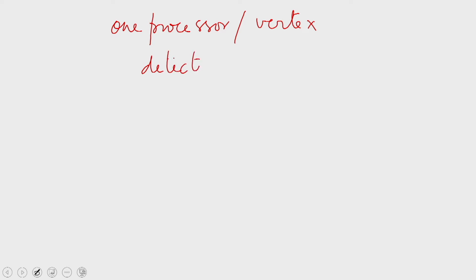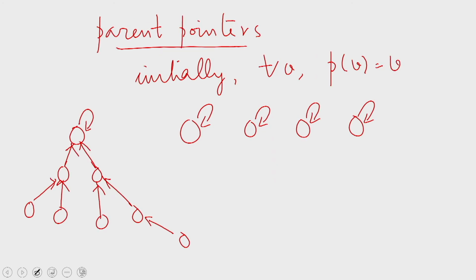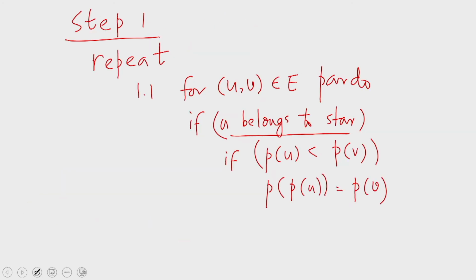Now, the question comes, if you have one processor per vertex, how do we detect if it belongs to a star graph? This is a condition that we have to check within the algorithm. Here we check whether U belongs to a star or not.